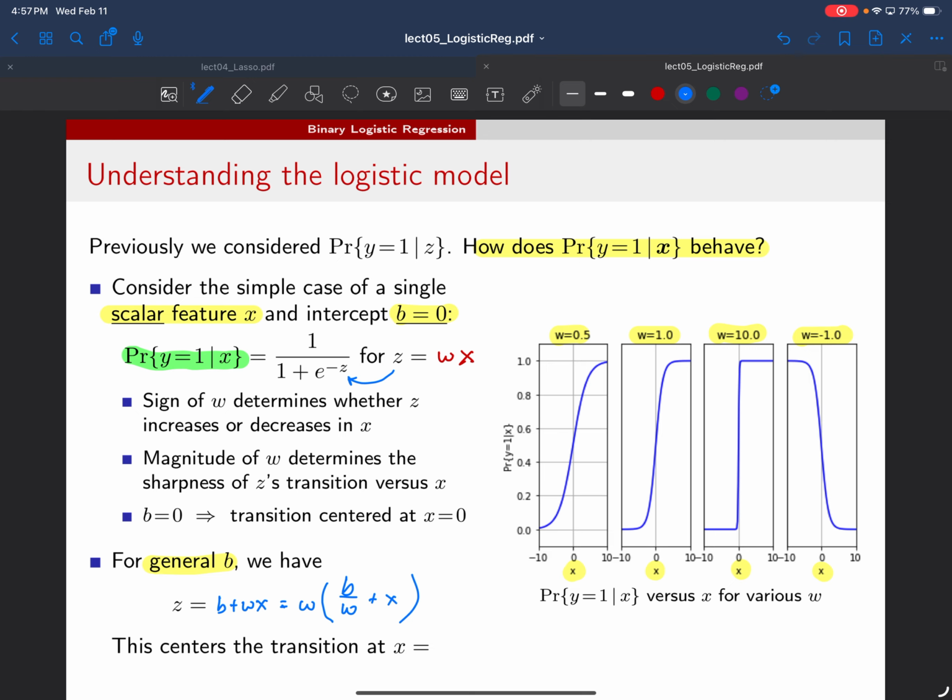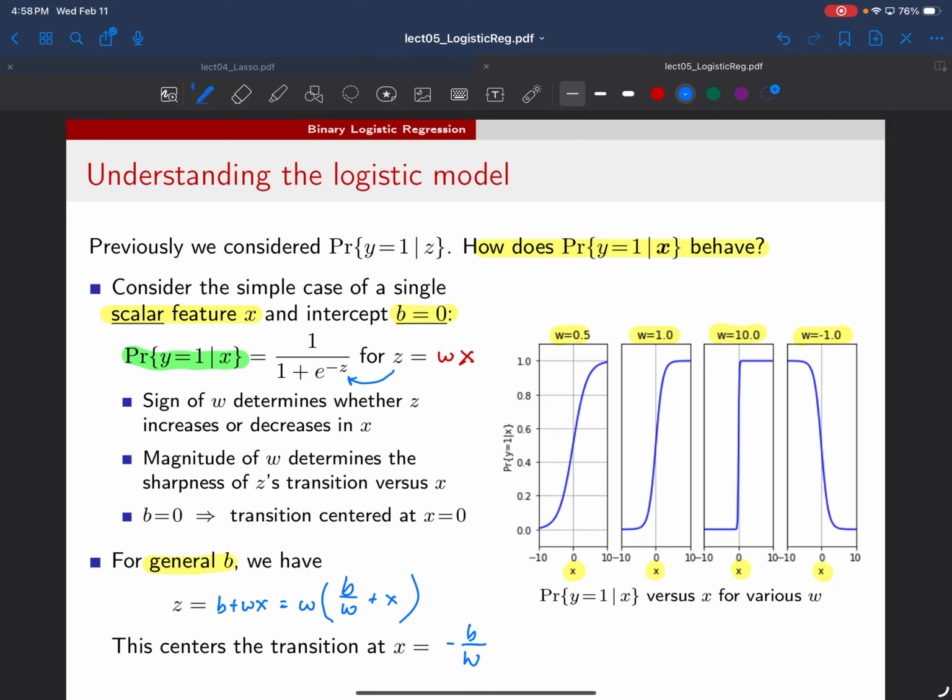Yingzhe Zhang, are you here? Yeah. So what do you think the transition is going to be at, what x does it go to? I want an equation here. So rather than the transition centering at x equals 0, now it's centered where? Exactly. Minus b over w.